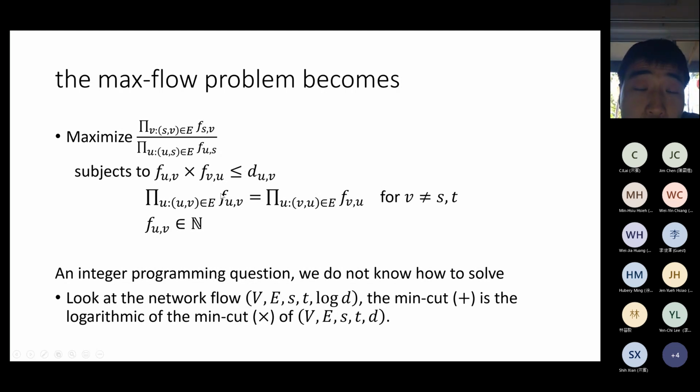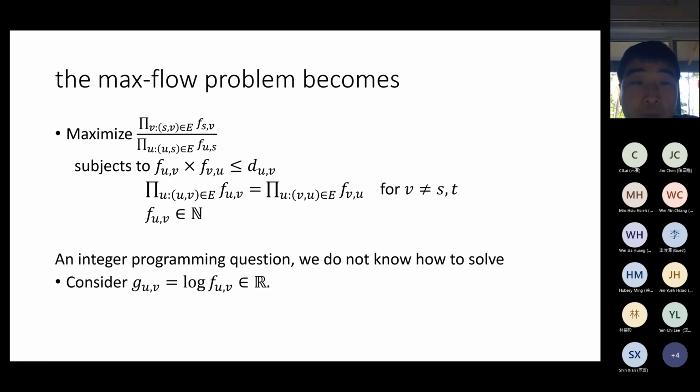So for a quantum tensor network flow, we go from capacity D to capacity log D, which changes the product into plus, and the dimension D becomes log D.